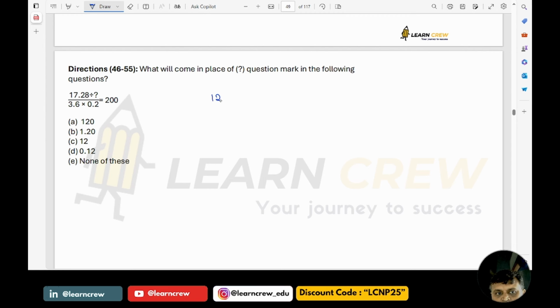Here I am just ignoring the decimals, because here you have two decimals, here also you will get two decimals, and those two will get cancelled. So I am taking 1728, 12 into 12 into 12 divided by x into 36 into 2, 72 is equal to 200.